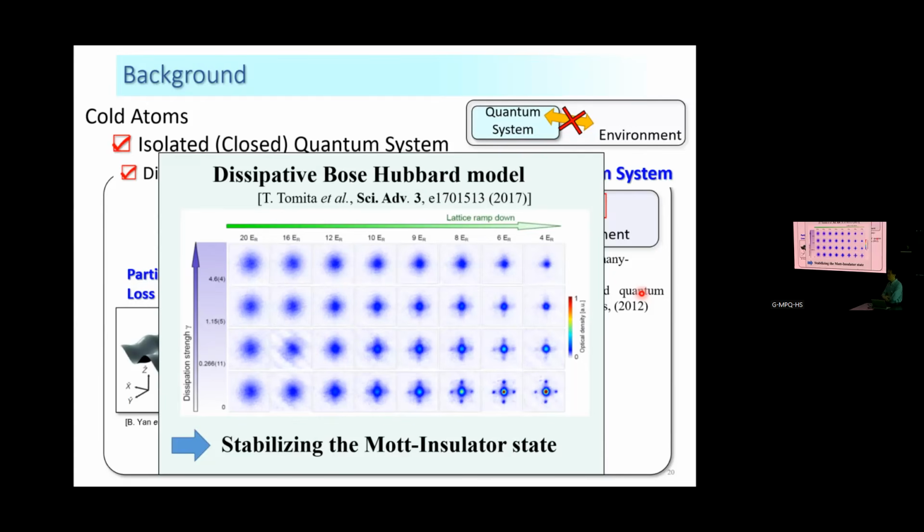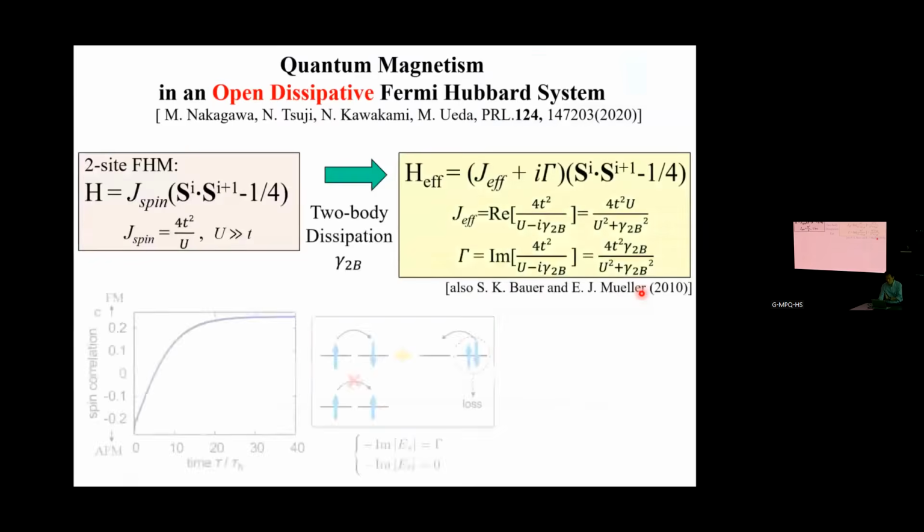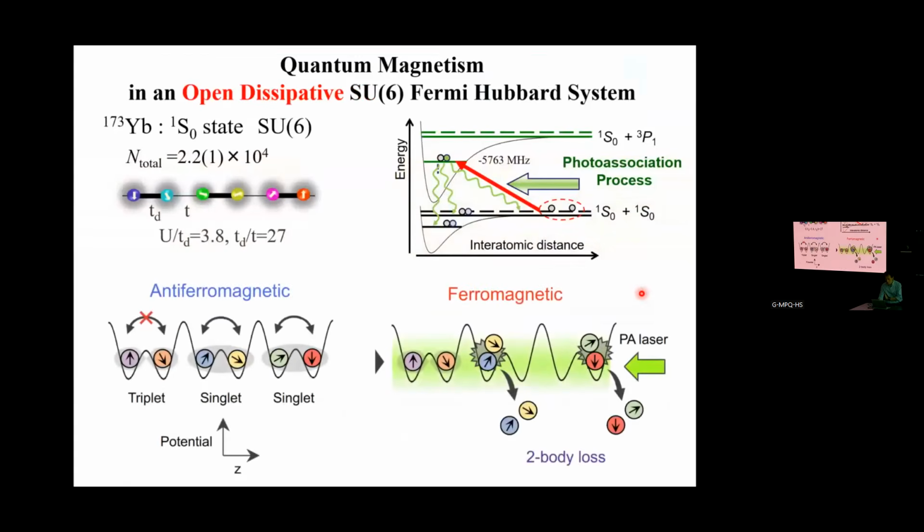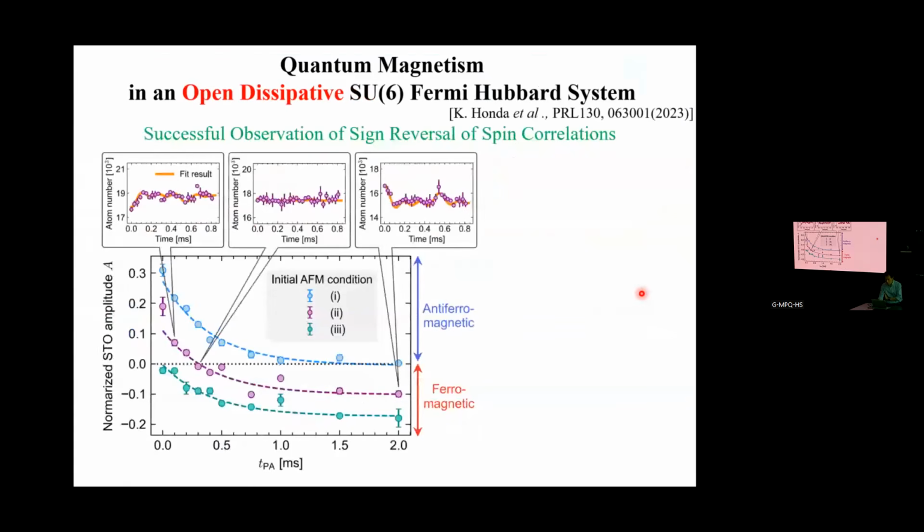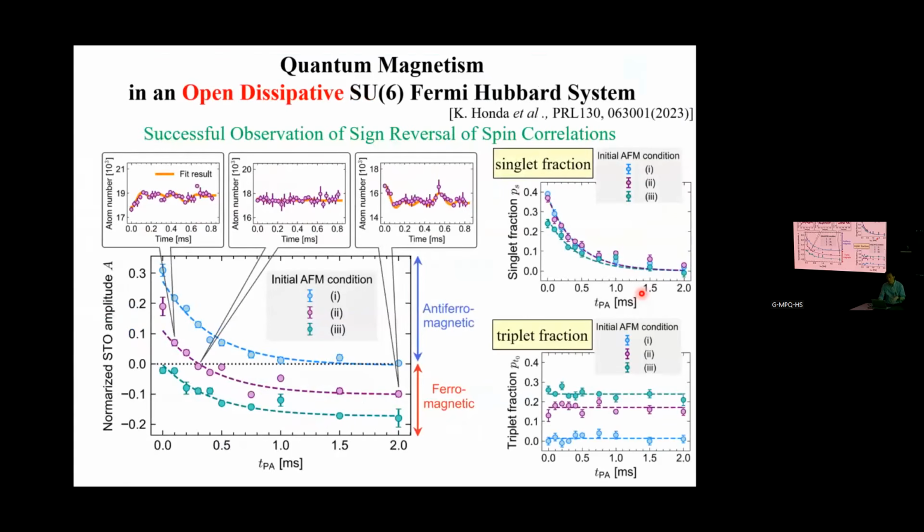Could you do a transport measurement? Because in an antiferromagnet, charge transport should be really hard. But if you're ferromagnetic, the charge should have a very easy time to move. So it would be interesting to see how the loss affects charge transport measurements. You mean not only measure the spin correlation, but also some transport.